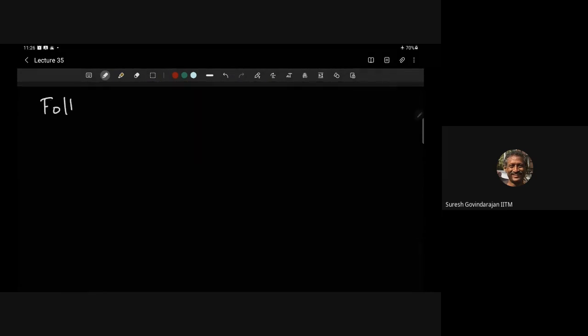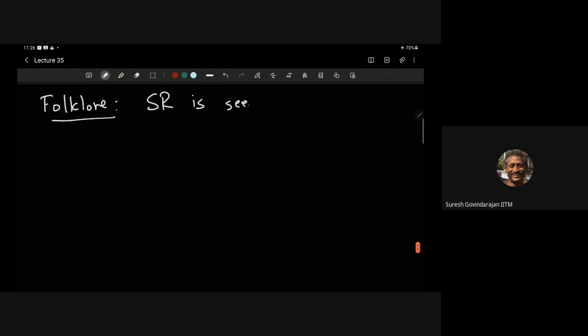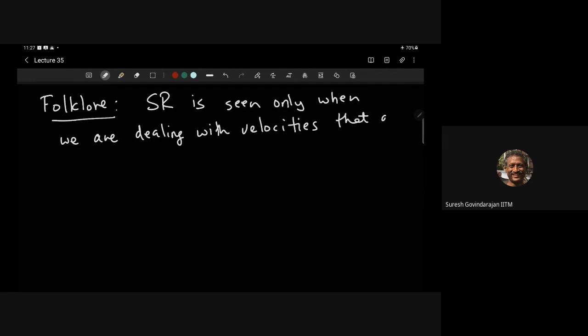Folklore says SR is important, is seen only when we are dealing with velocities that are comparable to the speed of light, right? Do you agree with this statement?